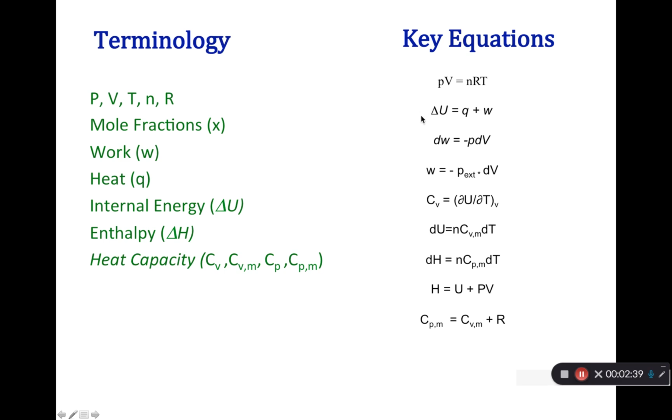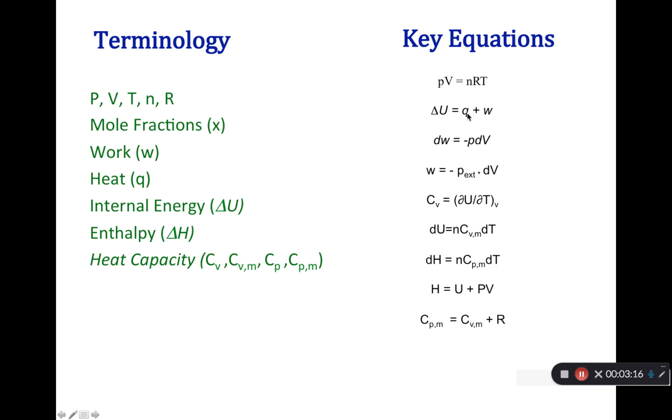We then looked at the first law of thermodynamics, which states that the internal energy of an isolated system remains constant, or if the system is not isolated, the change in internal energy is equal to the sum of the heat flow and the work flow into the system. This work can be of several different types. We then had a video which talked about only mechanical work, which can be calculated by integrating minus pressure times the change in volume. For a constant external pressure, it is given by this term. So this was the measurement of mechanical work W.